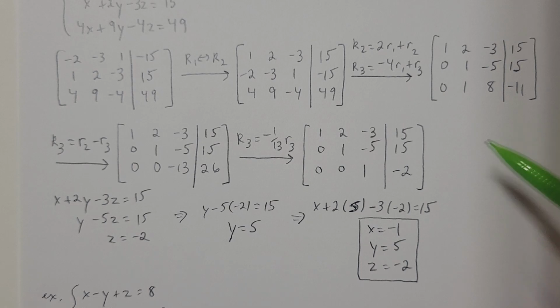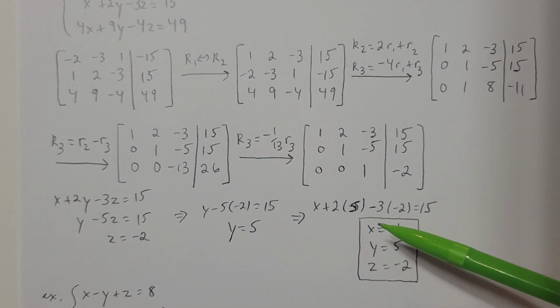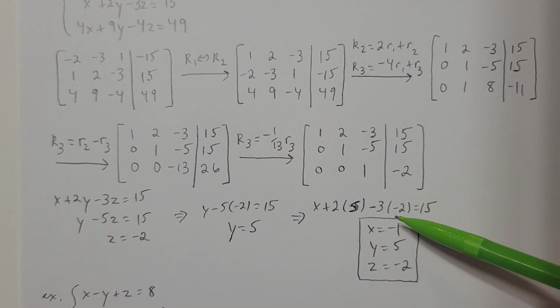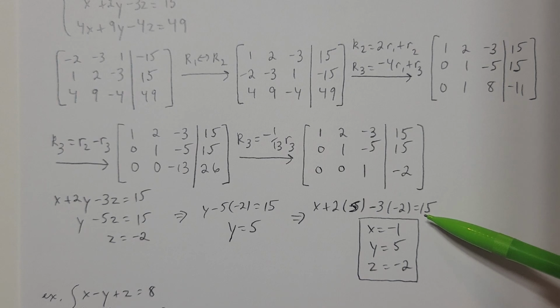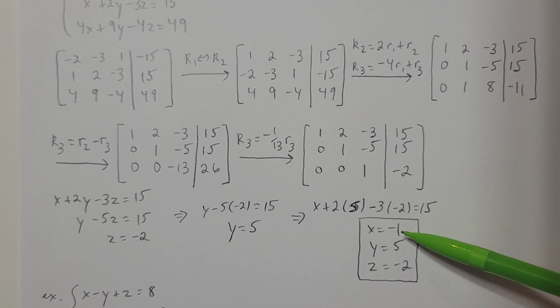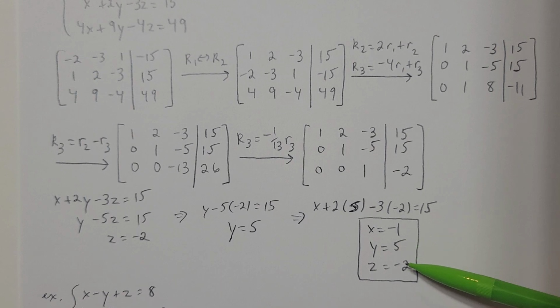So 10 plus 6 is 16. When I subtract 16 from both sides, 15 minus 16 is negative 1 for x. So I think that the answer is x equals negative 1, y equals 5, and z equals negative 2.